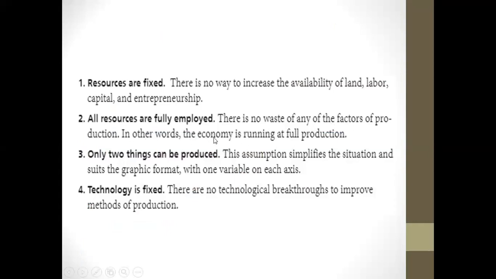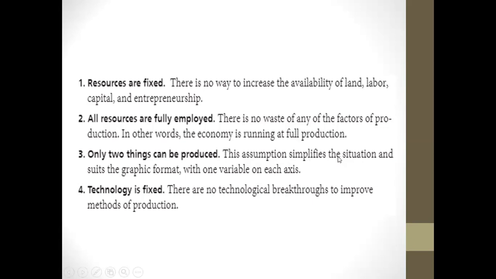In other words, the economy is running at full production. The only way to increase is that you need to invest in your factory or get more personnel, and you need to get more resources in order to create more loaves of bread or muffins.